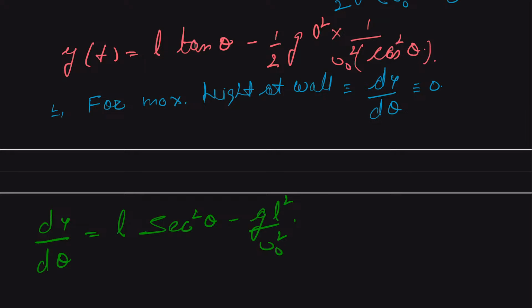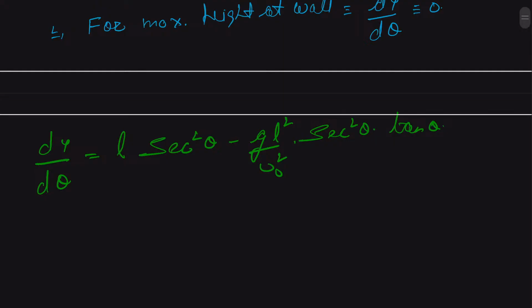Cos square theta is our secant square theta, and we get this as secant square theta multiplied by tangent of theta. Okay.